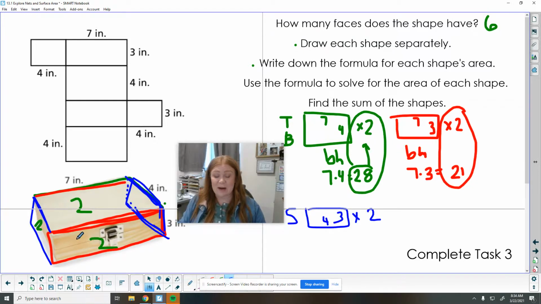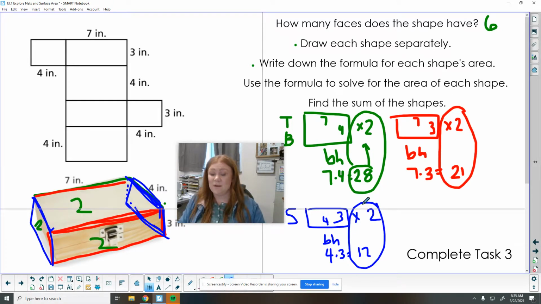So I think that's the hardest part, is just finding your dimensions. So, right, this line is the same as this one. This line is the same as this one. So 4 times 3, so base times height. 4 times 3 is 12, but remember, we have 2 of those. So we're going to times by 2, times by 2, times by 2, and then add them all together to find the total surface area.